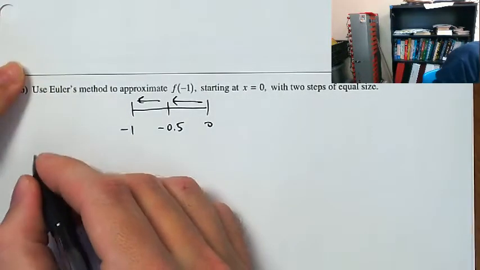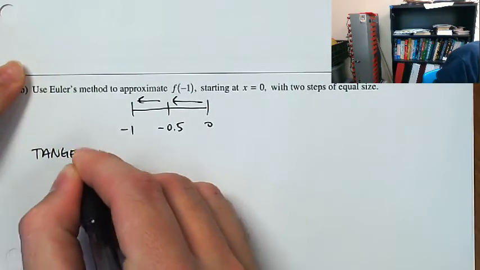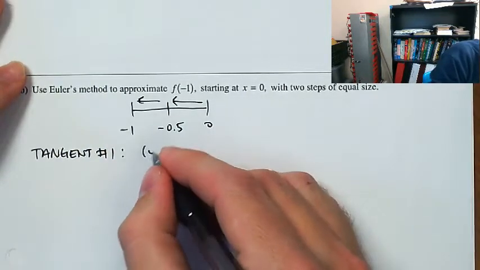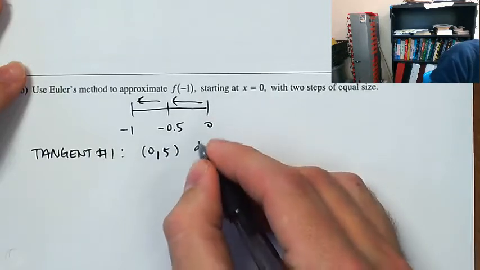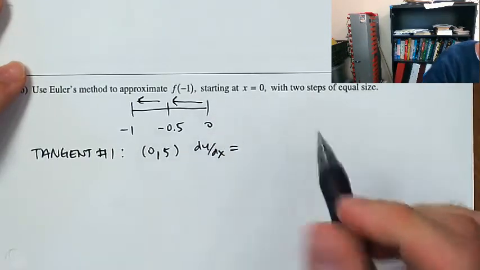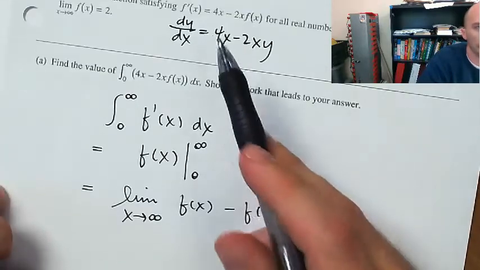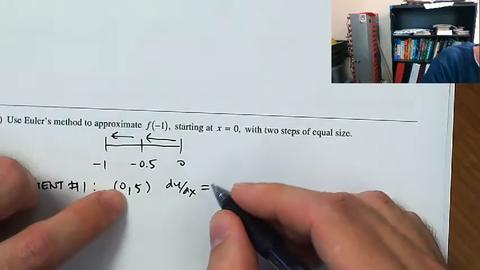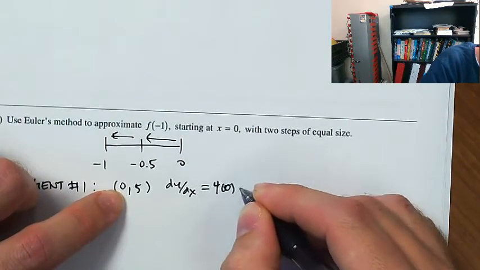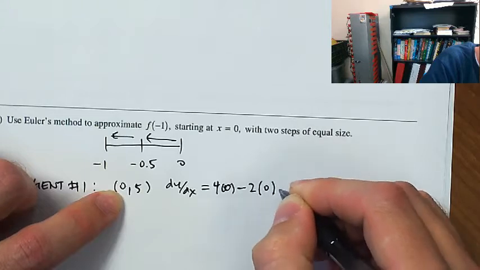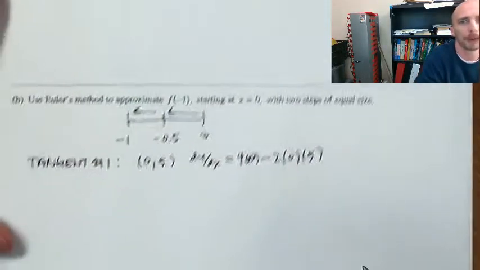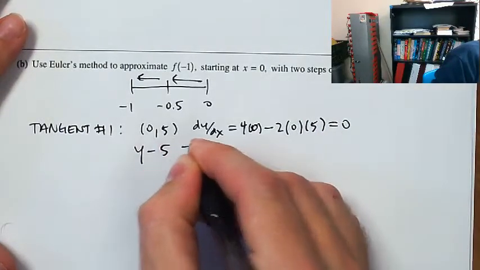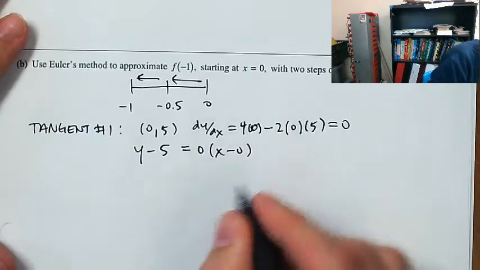So first tangent: my point is (0, 5). dy/dx is going to equal 4x minus 2xy. I hate these Euler method problems where the first one has slope 0. I don't know why, it just makes me so angry. So y minus 5 is equal to 0 times x minus 0.